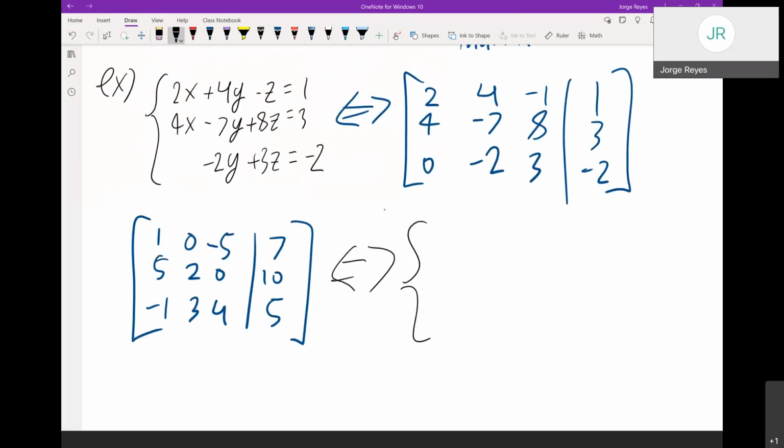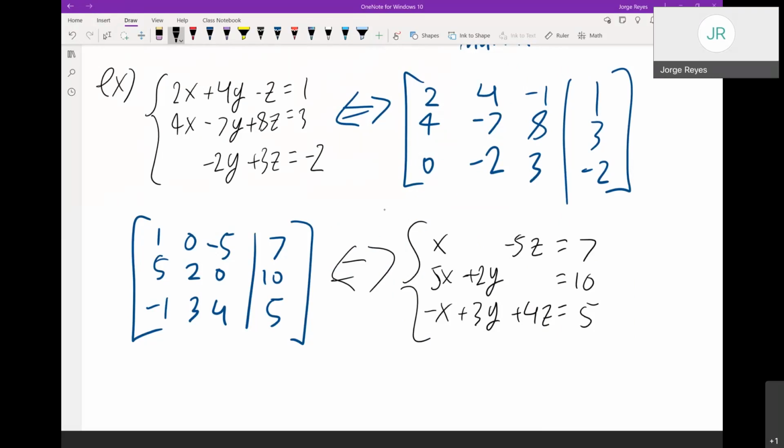So it's going to be x minus 5z equals 7, 5x plus 2y equals 10, and then -x plus 3y plus 4z equals 5. So you need to be able to do both, forwards and backwards.